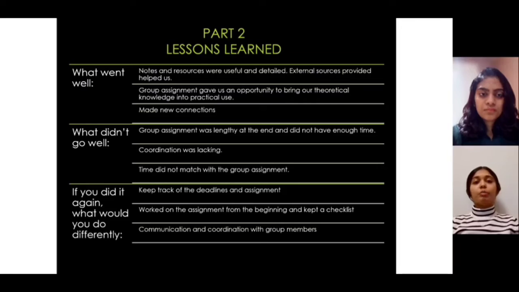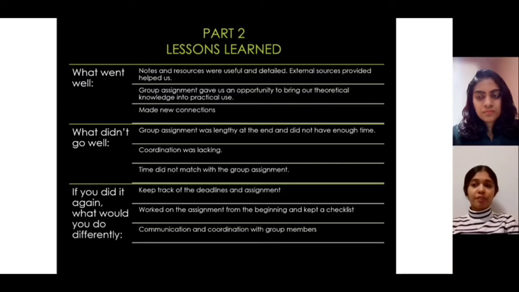Moving on to what didn't go well, the group assignment was lengthy at the end and we did not have enough time. With our exams due, we didn't have enough time for the group assignment, as the last assignment was a bit lengthy. We had the report and presentation and all.